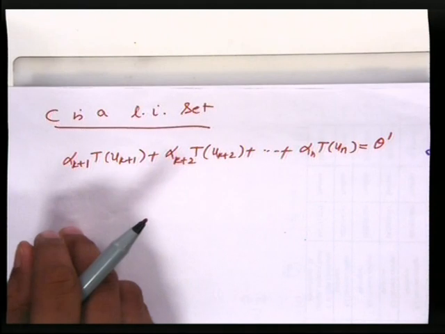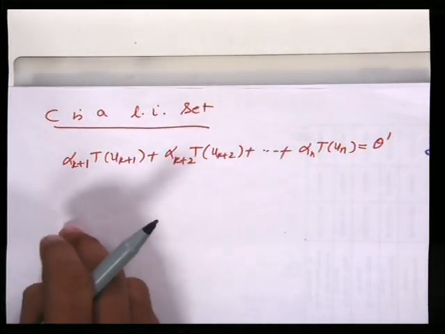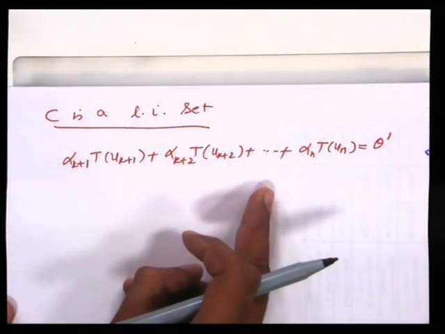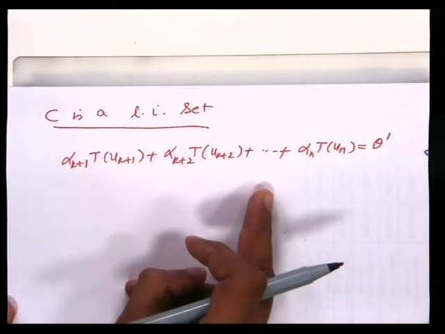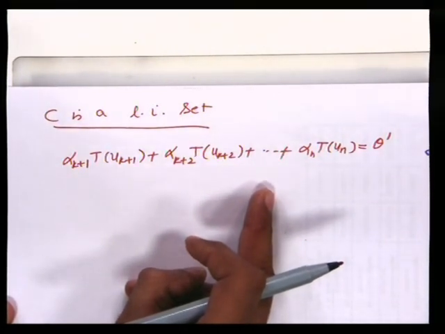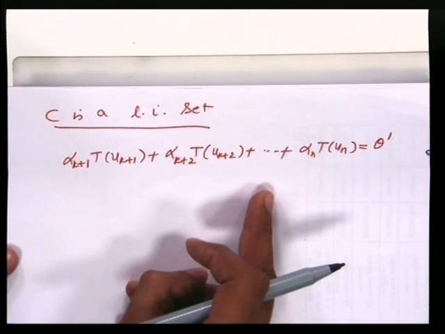If we show that all these scalars alpha k plus 1, alpha k plus 2, up to alpha n are 0, then it proves that C is a linearly independent set.